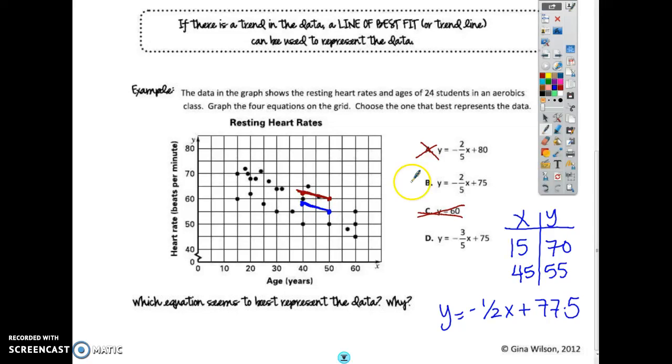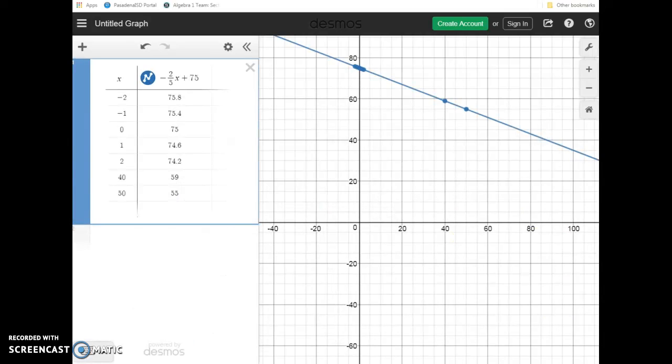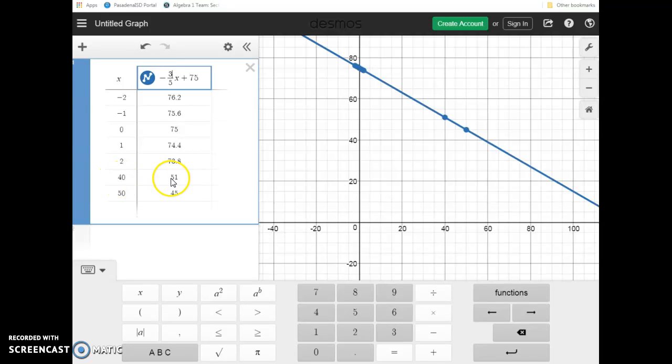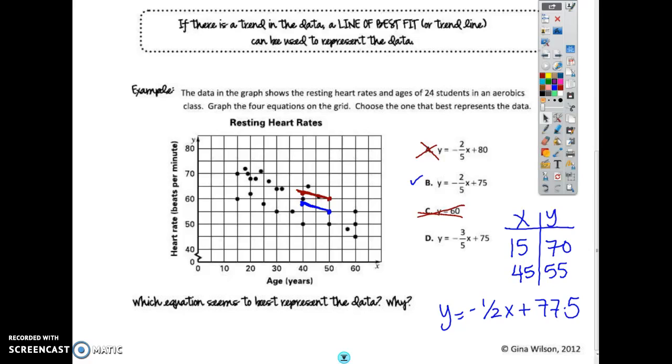So maybe. And then let's check this last one, y equals negative 3/5 x plus 75. So all I need to change is the 3 right here at the top. So now I have 40, 51, and 50, 45. Let's plot those. 40, 51.